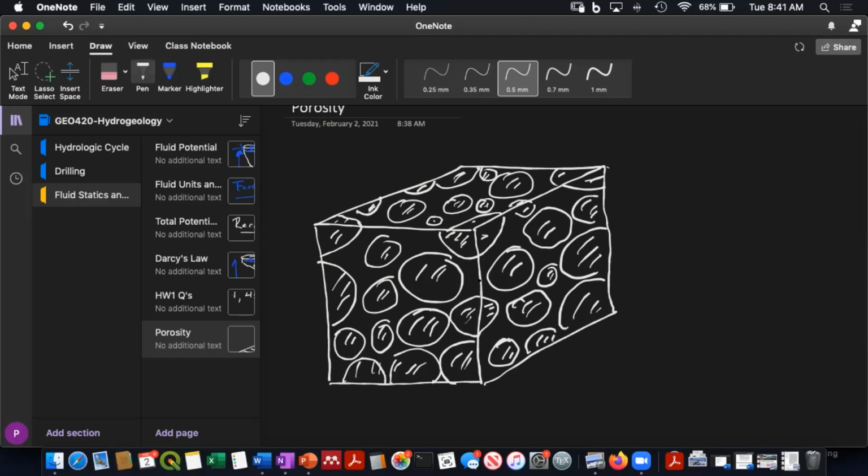We call this porous media because it's full of two things: grains, and these are generally going to be sediment. Sand, clay, gravel, cobbles, whatever, sediment.